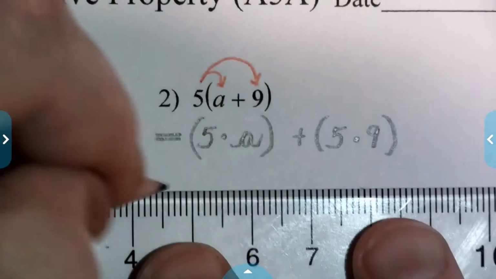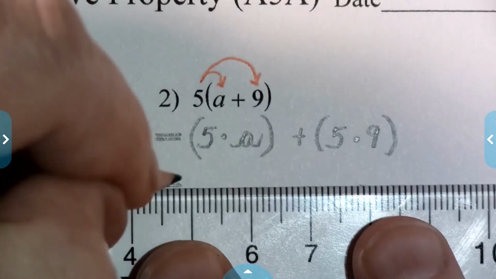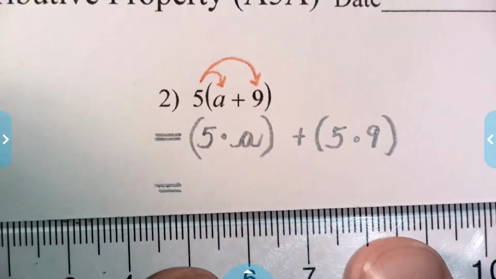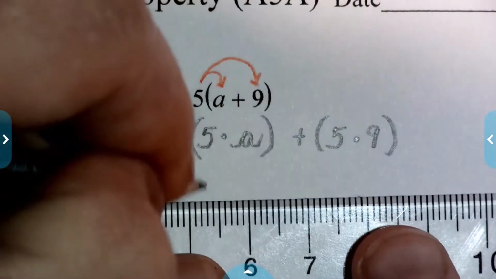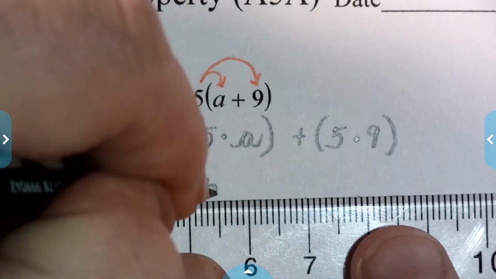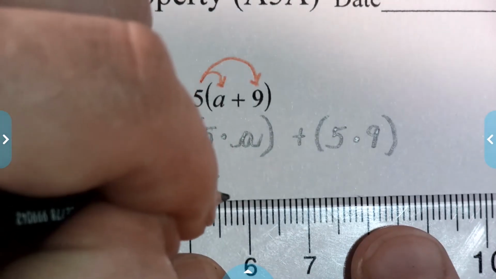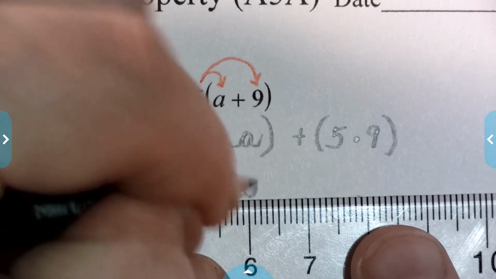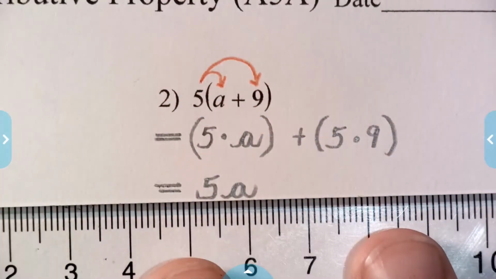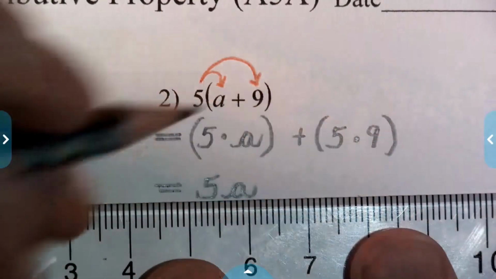Okay, and now we're going to drop the parentheses. 5 times a is just 5a. So 5a. 5 times 9 is 45. So we just put plus 45.